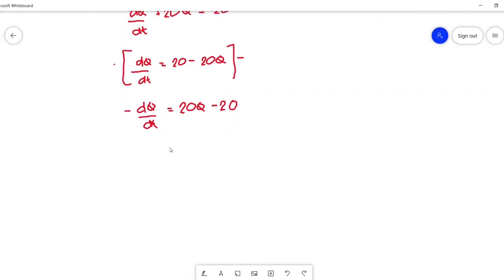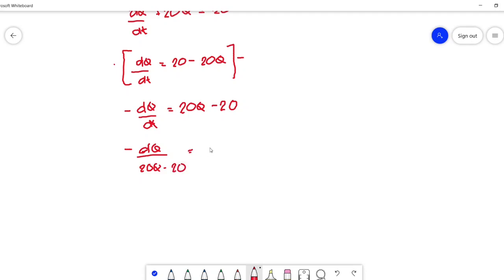So what we have here is dq over 20q minus 20 equal to dt. So now we can integrate both sides. As you can see, it is better to substitute, or assume, the value of 20q minus 20 equal to u.